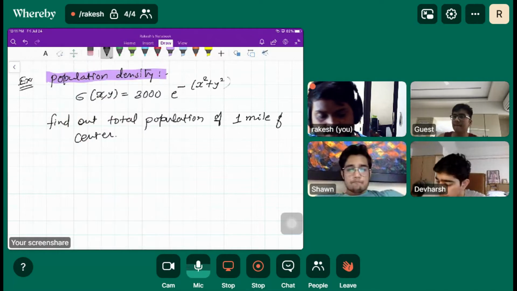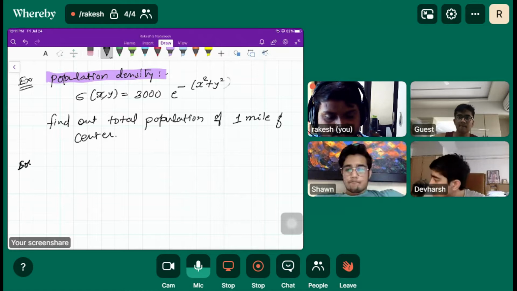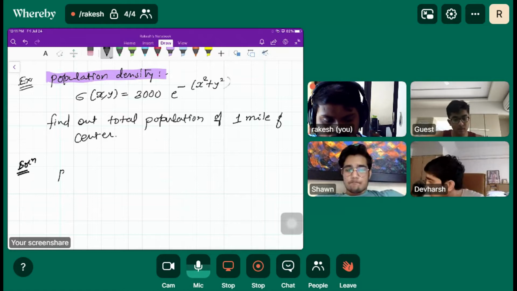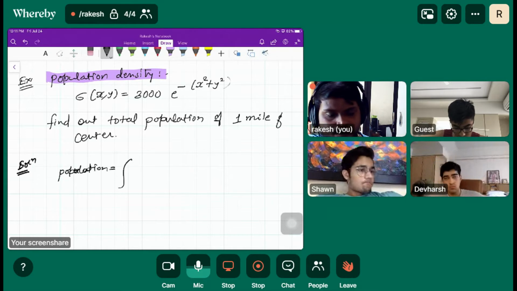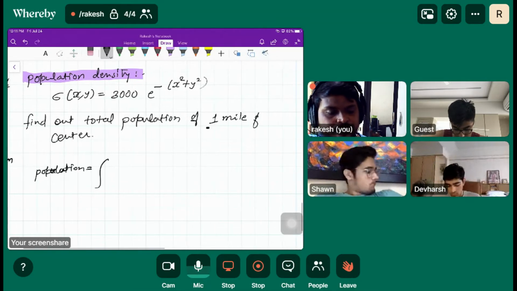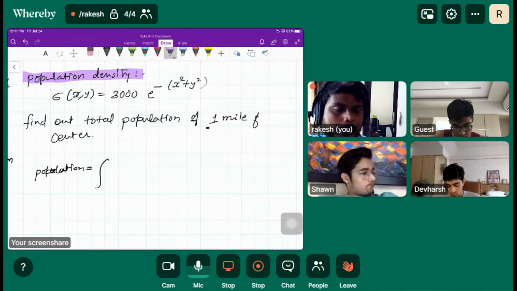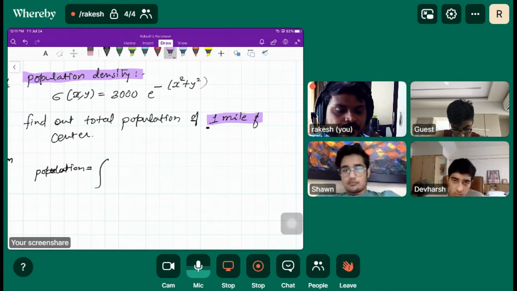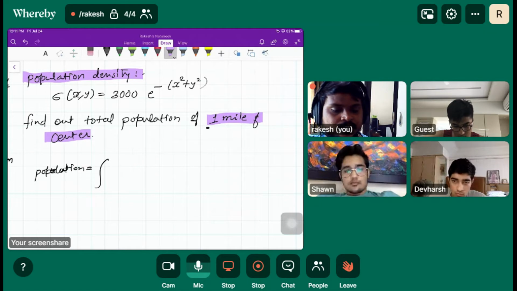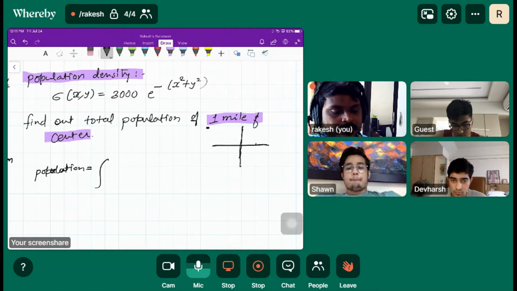Okay, let me just give you the setup here. The setup for total population is equal to... have you drawn the region? What is the type of the region here? Circle only, 1 mile of the center. So the region is circular, whose radius is 1 mile.